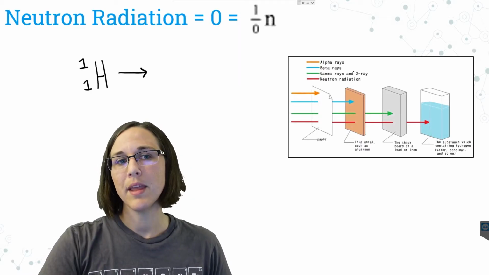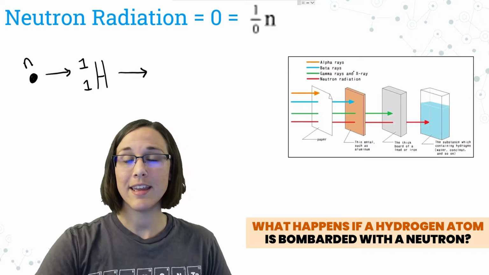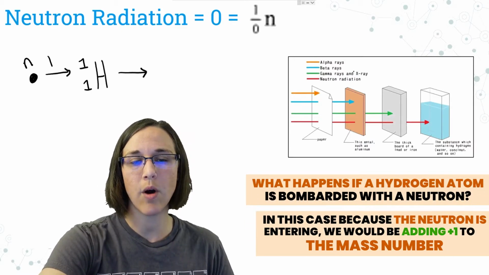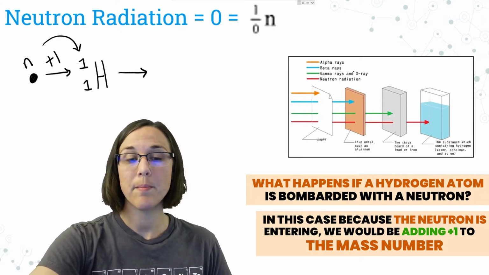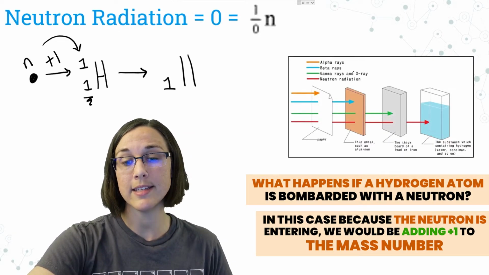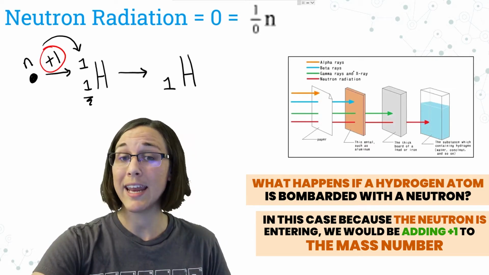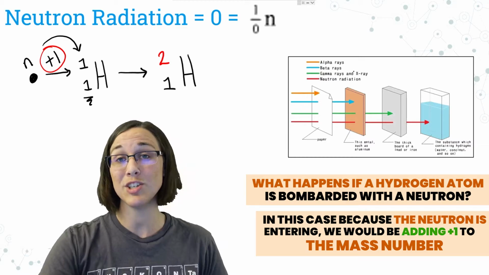For example, let's say hydrogen was bombarded with a neutron. In this case, we would be adding 1 to the mass number, but the atomic number, hydrogen, will still stay the same. It's not affected. The only thing that's changed is that we gained more mass by adding an extra neutron, so we would make that 2 instead.